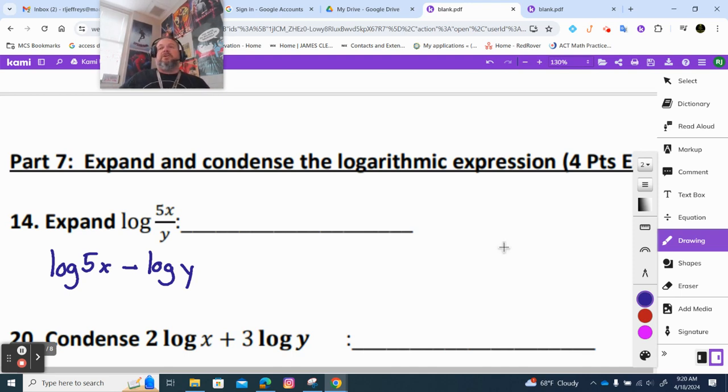There's only one more thing I can do to expand it. These two are being multiplied. So I can rewrite that as log of 5 plus log of x minus log of y. And that's my answer. Final answer. That's it. How do y'all know it's my final answer? Because I wrote it in the answer spot.